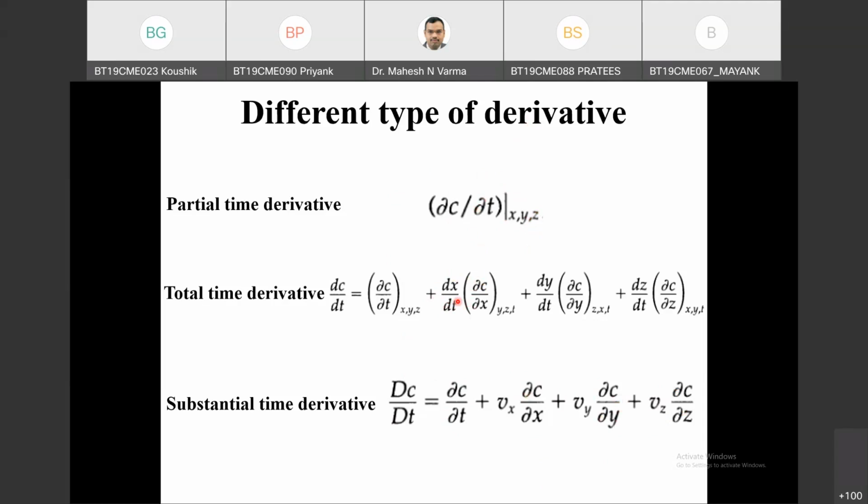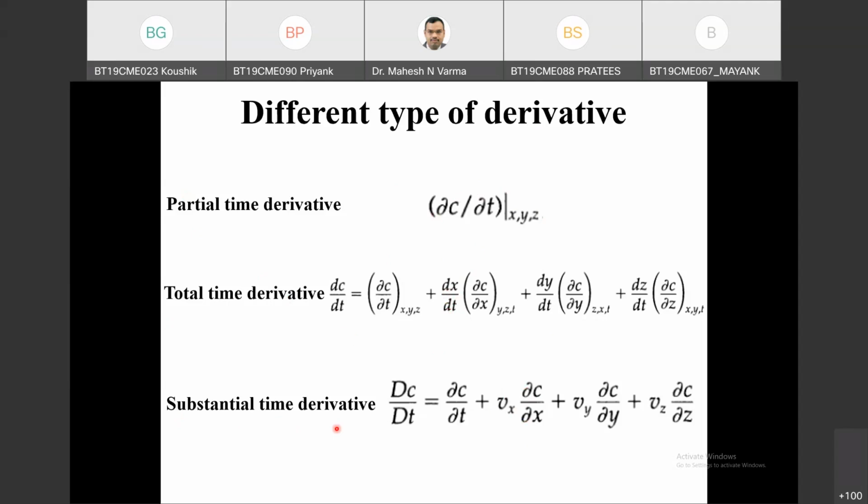Say with a submarine, you can move in the x direction, you can move in the y direction, you can control this velocity. In the third, you are moving with the molecules of the pond itself, with the pond x velocity, pond y velocity, pond z velocity. So this is the partial time derivative, this is the total time derivative, and this is the substantial time derivative.